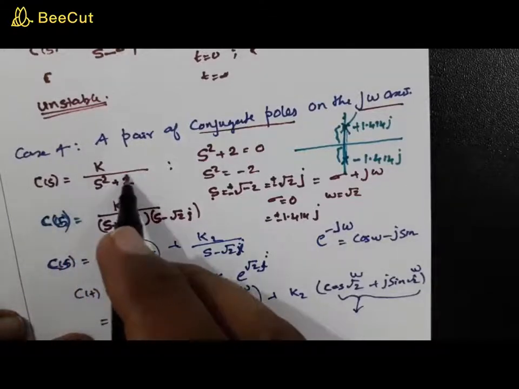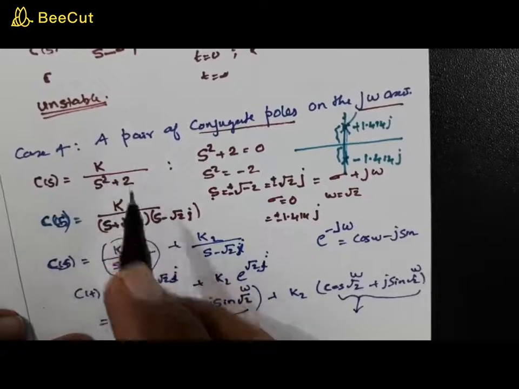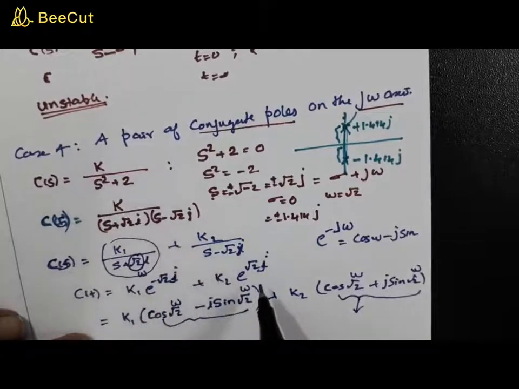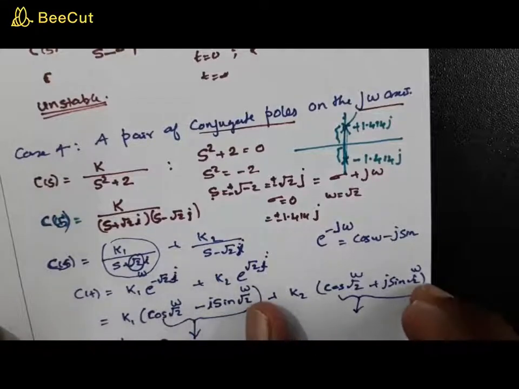If this had been a variable, you can see that this varies according to omega. That means this is a sinusoidal thing, so the response will be sinusoidal in nature because of the presence of this oscillatory term.